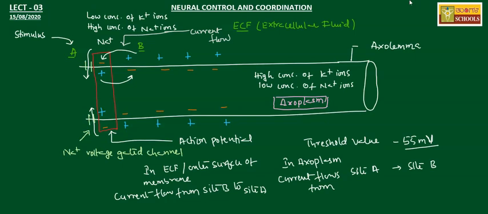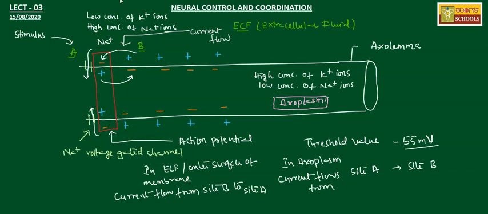Now this is followed by the movement of potassium ions from inside, that is from the axoplasm, to outside into the ECF at the point of depolarization.